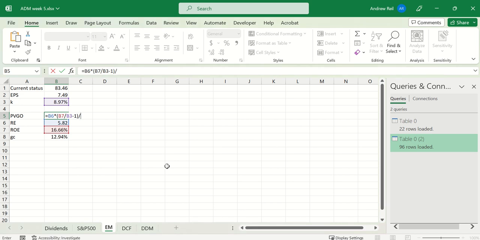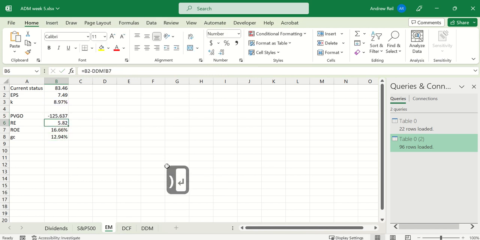And I don't want that. I want the K minus GC to be all together. So I'm going to put in brackets the required return, K, minus the company growth, GC. Enter. See how big it is? I'm going to go Control-Shift-1 just to make it 2 decimal places.